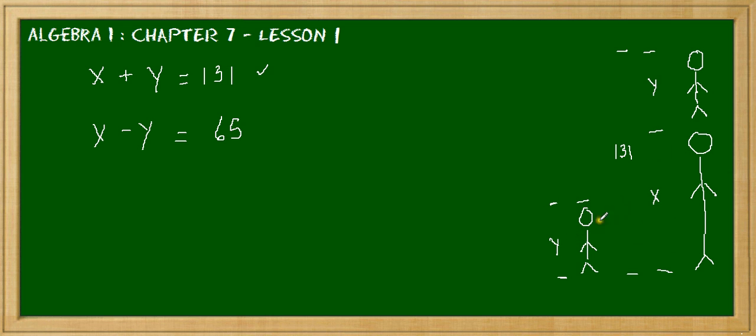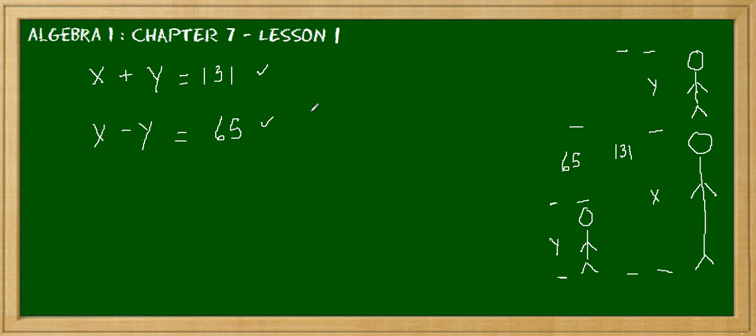So let's just look at these two illustrations. Forget about the 131 in the middle. We know that the difference is 65, which means that if we have this whole distance x minus y, we'll have 65 left over. So that's why we have this equation.